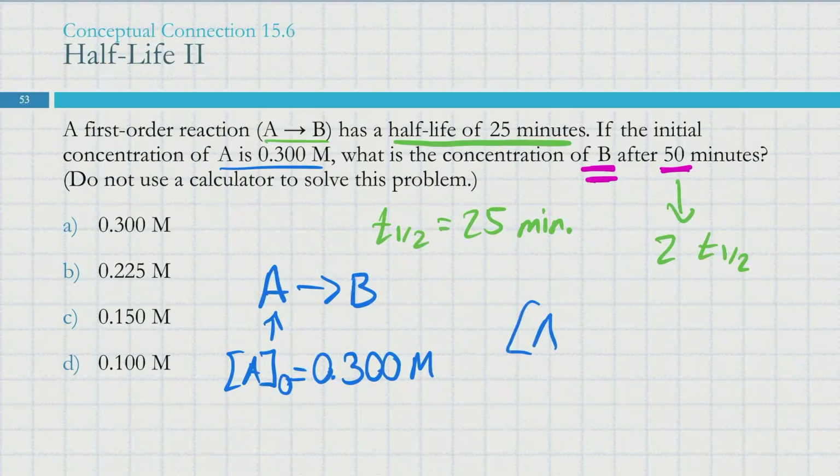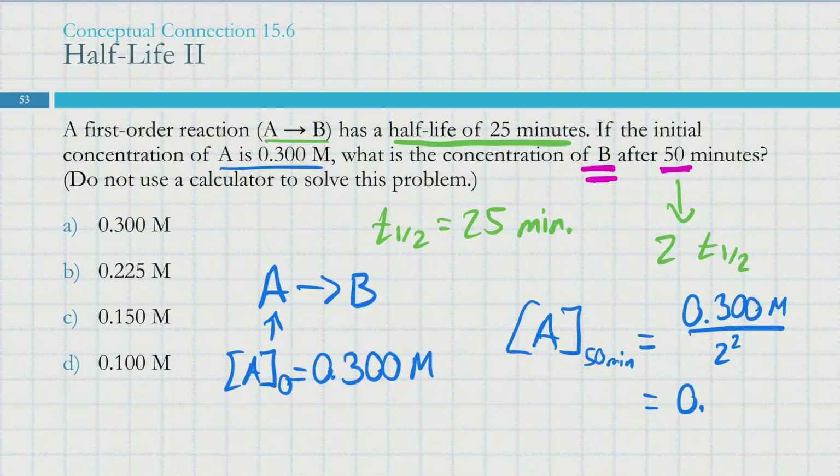So our concentration of A at 50 minutes is going to be our initial concentration over 2 to the second power, 2 half-lives passed. 0.075 molar.